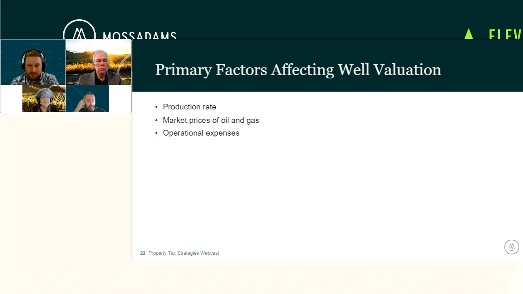Conversely, declining prices result in reduced revenues, lower assessed values, and decreased tax liabilities. So this volatility complicates financial planning for operators who must navigate potential increases in tax obligations during price booms and then seek to appeal assessments during downturns.